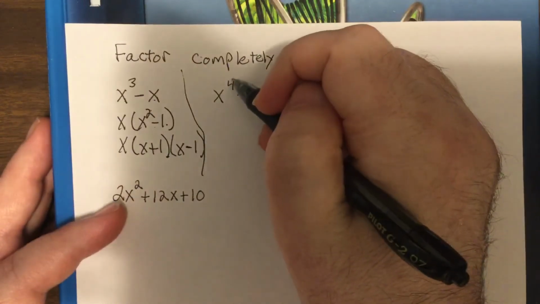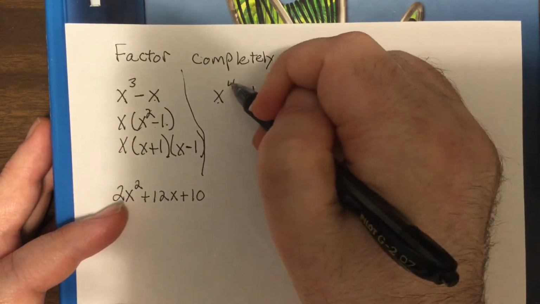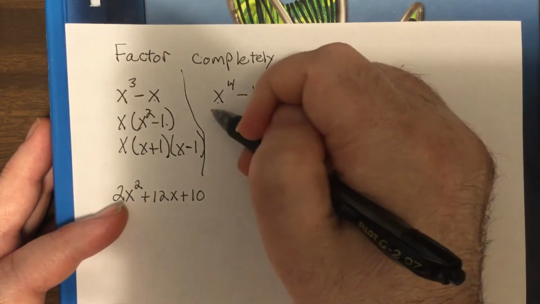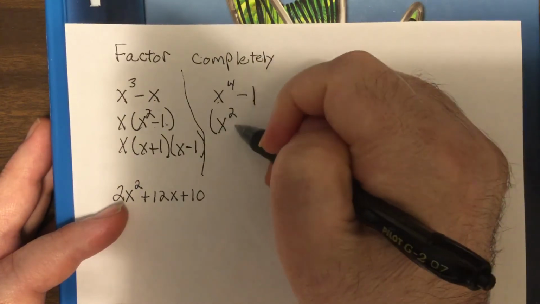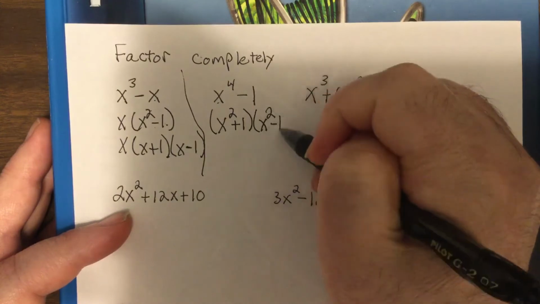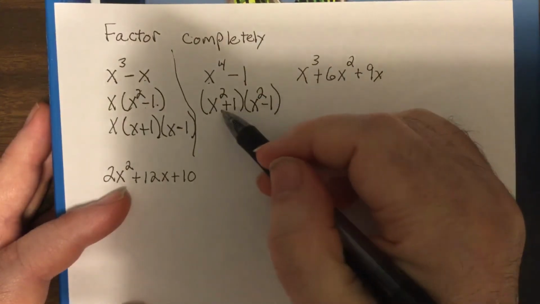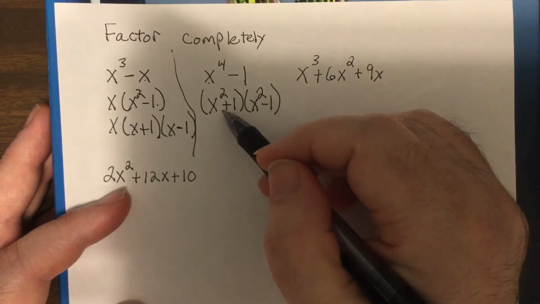So this one, GCF is 1, so I move on. X to the fourth, that's an even power, so it'd be x squared plus 1, x squared minus 1. Now, once I factor that, I try, can I factor this again?